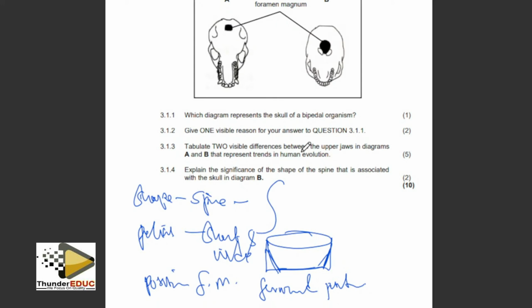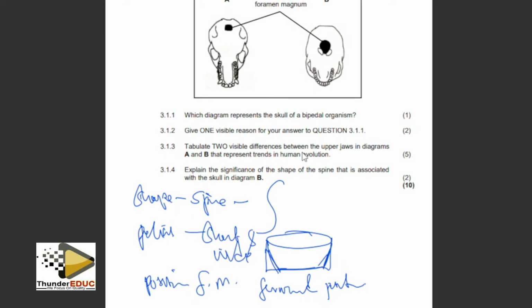And when you are explaining the brain, there is something which we are looking for. If you don't mention it, you don't get the mark. The brain of human is not bigger than the brain of the elephant. It's only bigger than the brain of the elephant if you are comparing it with the body size.